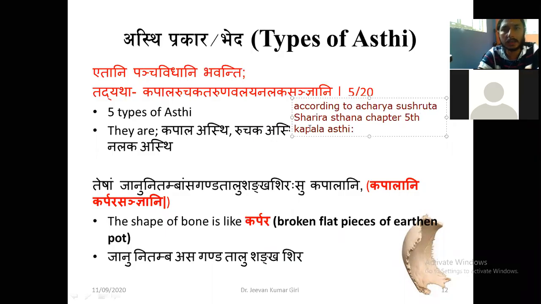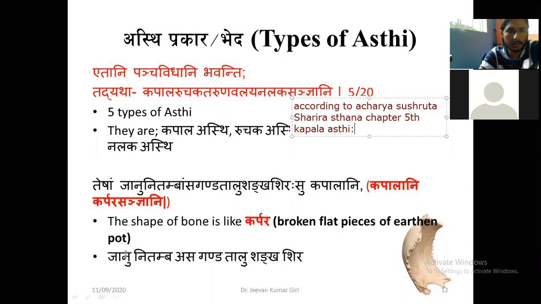Now see the first type, the Kapala Asthi. Tesam Janu Nitamba Amsa Ganda Talu Sankha Sirasu Kapalani. Here he has mentioned where you will find the Kapala Asthi. I have broken down the sloka and written it below.